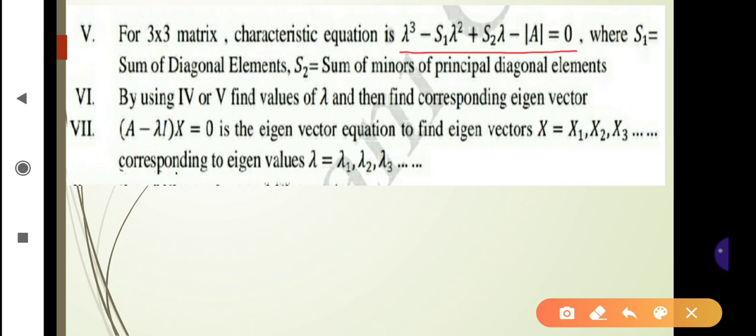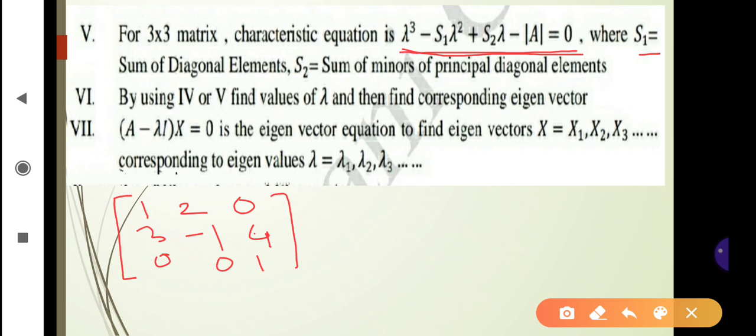Let me consider a 3 cross 3 matrix: 1, 2, 0, 3, minus 1, 4, 0, 0, 1. Here s1 is the sum of diagonal elements: 1, then minus 1, and the third diagonal element is plus 1. So 1 minus 1 plus 1 is 1.